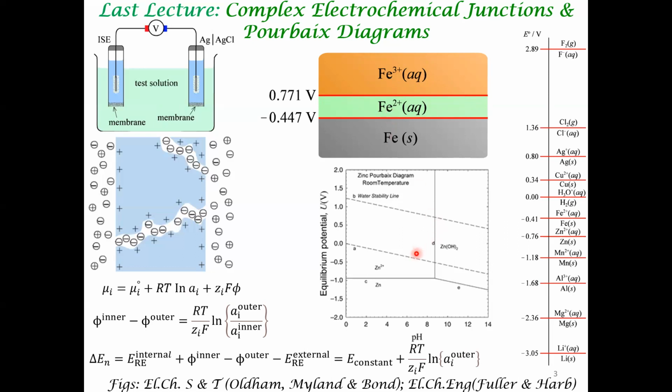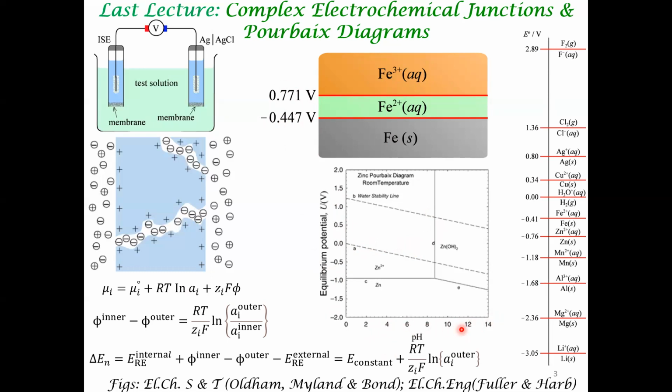Such a dominance diagram is often called the Pourbaix diagram. So it has two coordinates. One is the equilibrium potential, just like this coordinate, and another is the coordinate indicative of the chemical potential of protons, which is the pH.